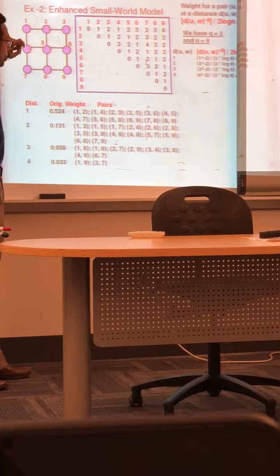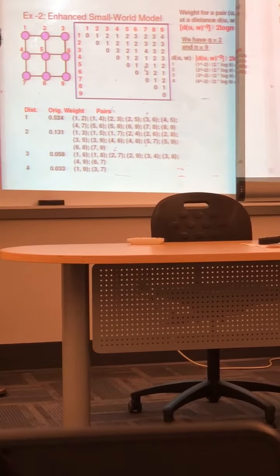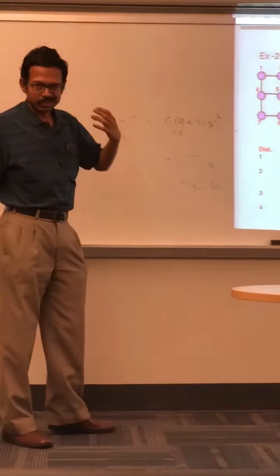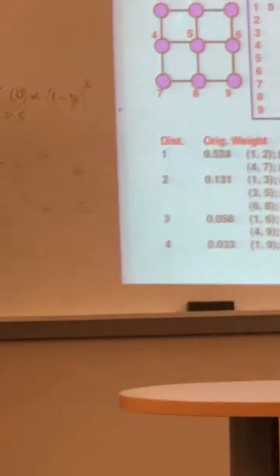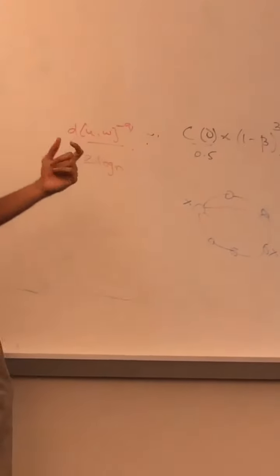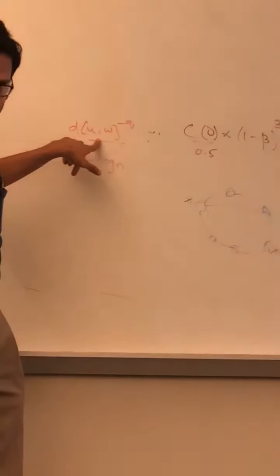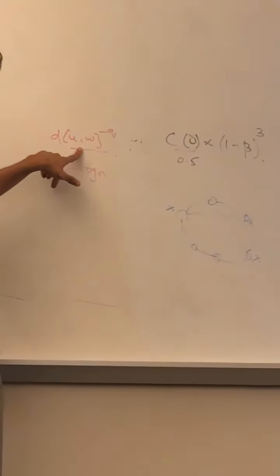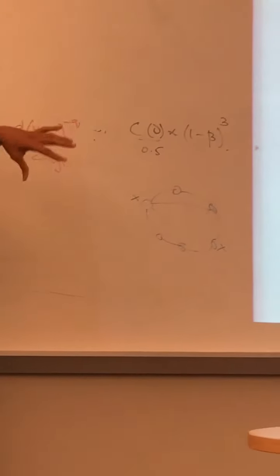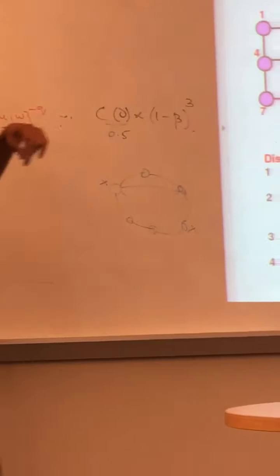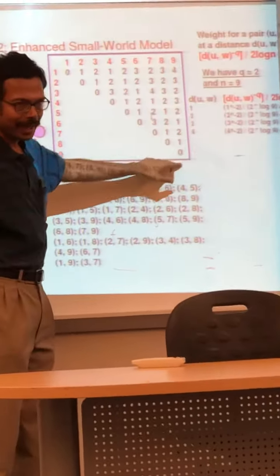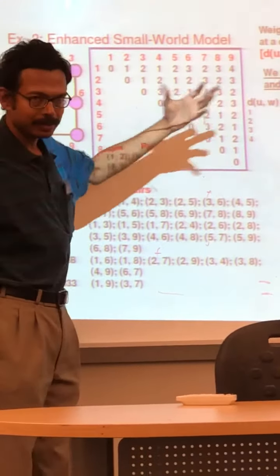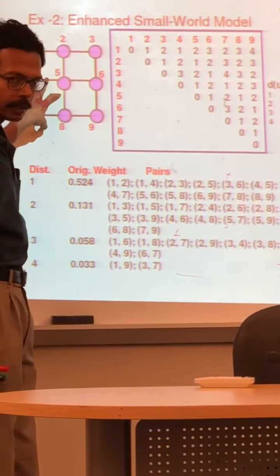Okay. So then what you do, using this function, try to generate the weights that you want to give to the distances. So as I said, you don't want to give equal weights. You want to give larger weight for nodes that are closer to the vertex and lower weight to vertices that are farther away. So from this distance matrix, identify the possible distance values you have for this given graph.